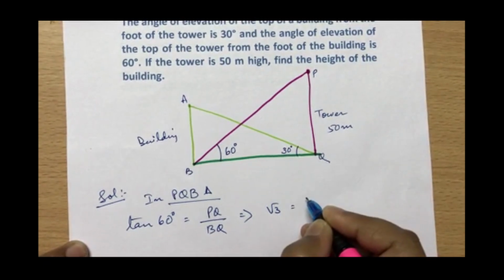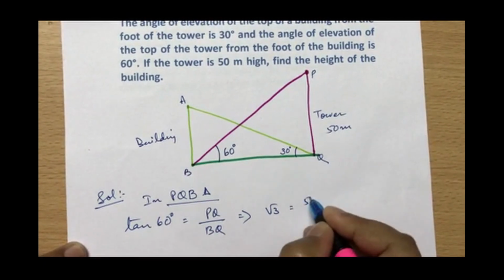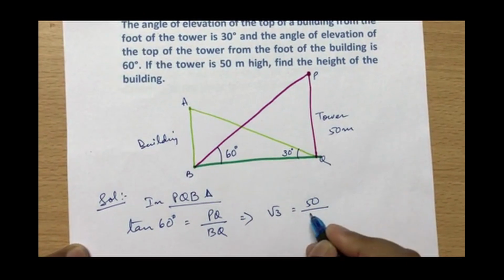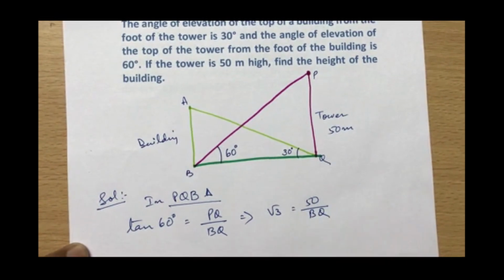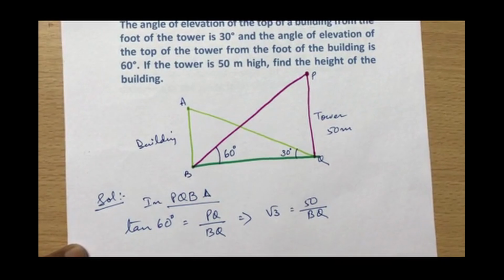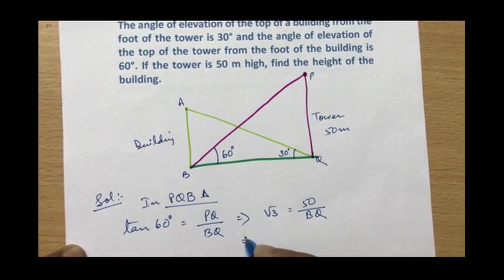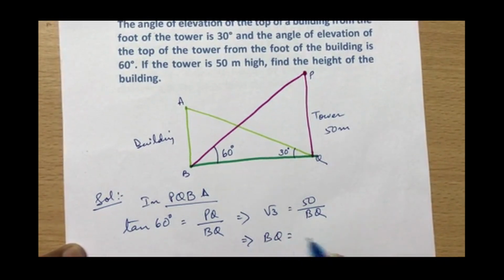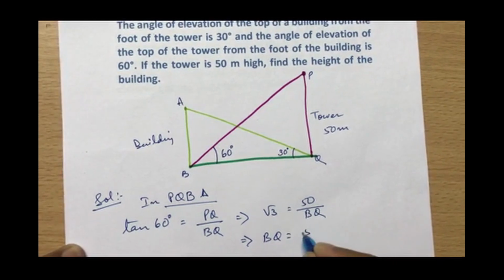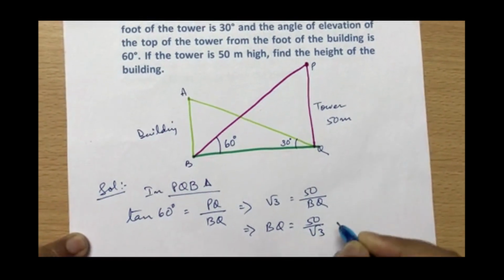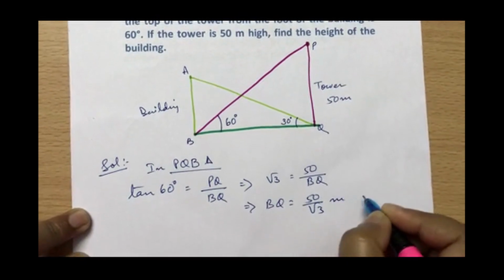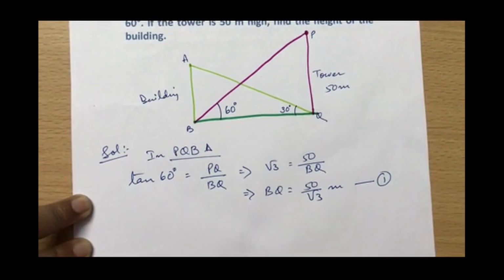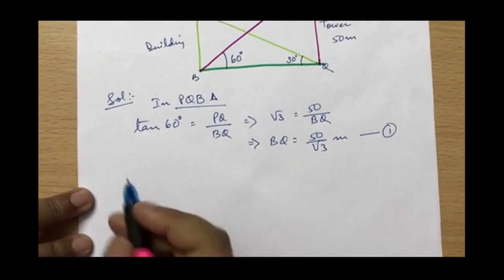So you have PQ, how much is it? 50, and BQ is not given. So we can say that BQ is equal to 50 by root 3 meters, equation 1.